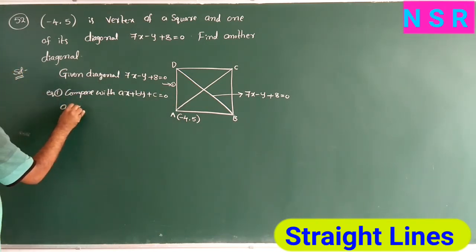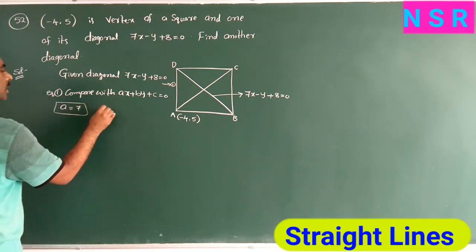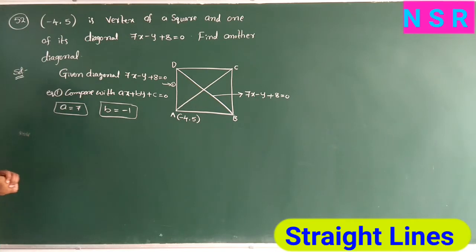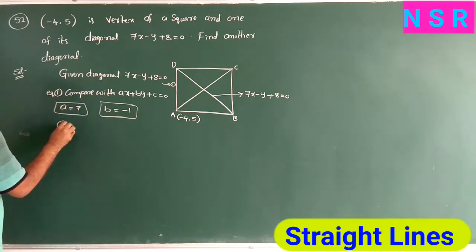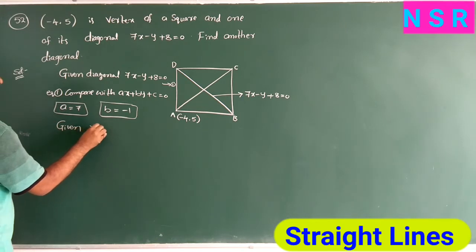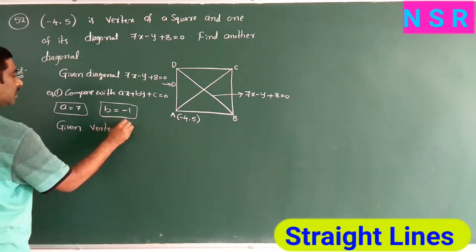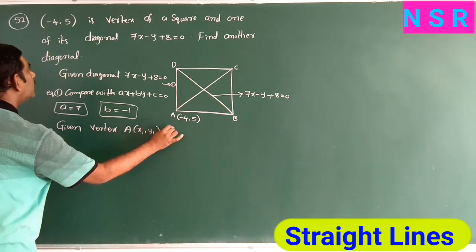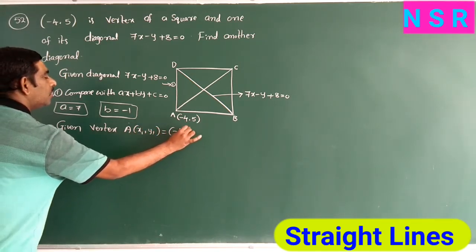Now here a equal to 7 and b equal to minus 1. So no need to write here c. So next here given vertex, that is x1 comma y1 is equal to minus 4 comma 5.